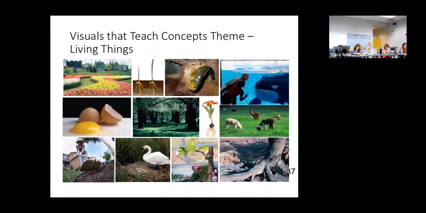Living things require water. I can't remember the little phrase that they would use. But we use visuals in the form of thematic posters to build background knowledge before they even read the text.